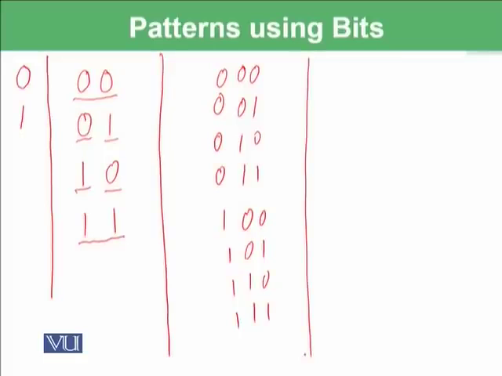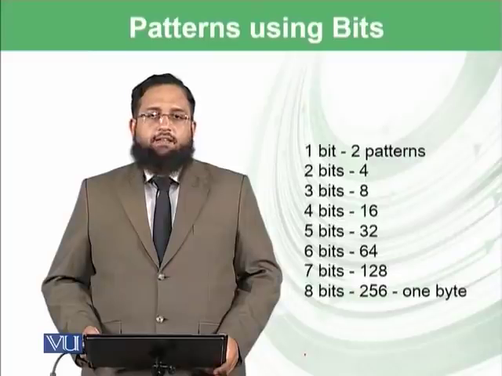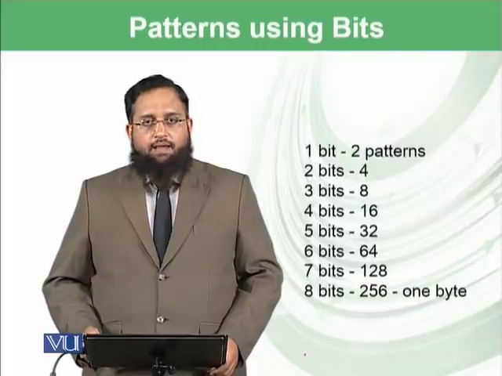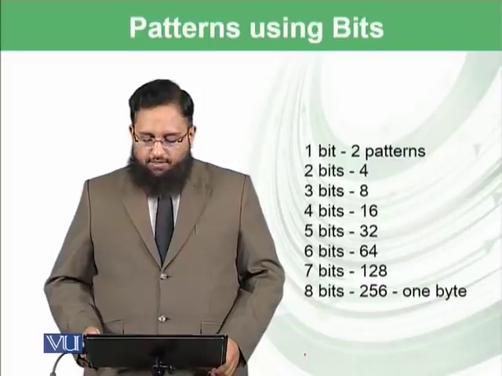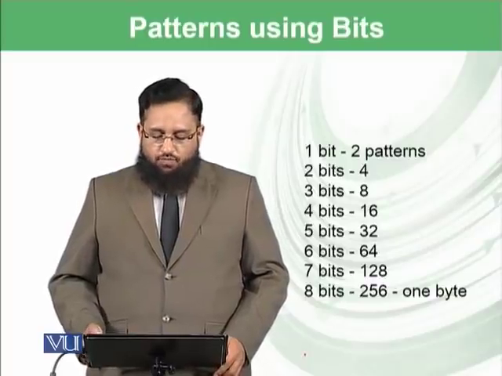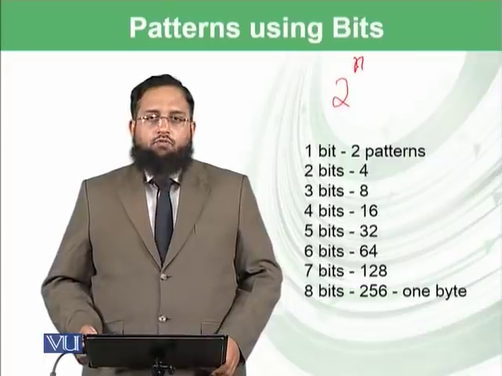And now if we conclude all of this, then we can see that if we have 1 bit, it can form 2 patterns. So 2 bits can form 4 patterns, 3 bits can form 8 patterns, 4 bits 16, 5 bits 32, 6 bits 64. So normally it will become 2 raised to power n, where n is the number of bits.